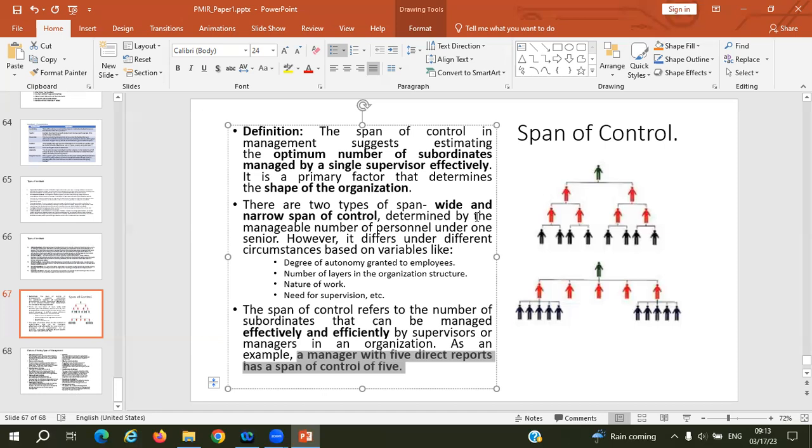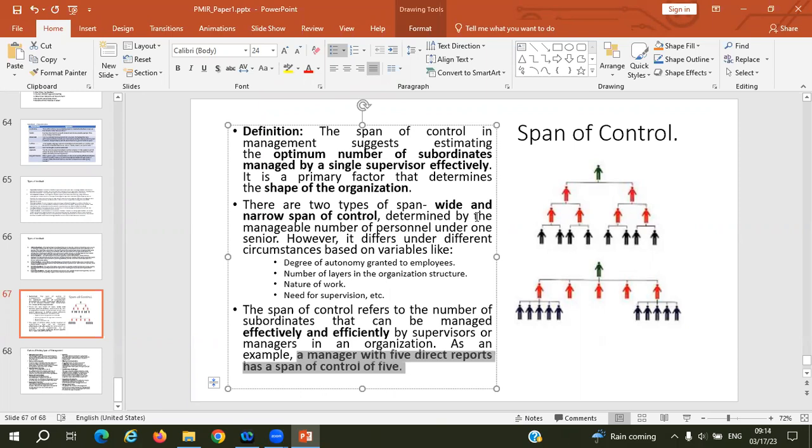That is narrow. If everyone is reporting to me or you, that is wide. That means that is a flat organization. You are at the top and all the subordinates, or many people, are working with you directly. That is a wide organization.